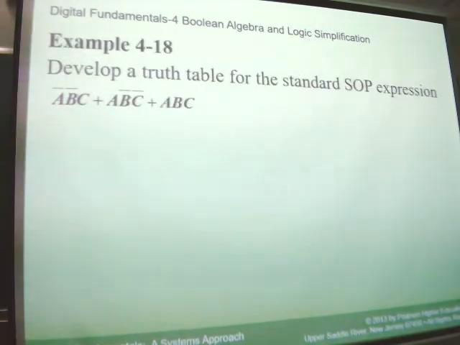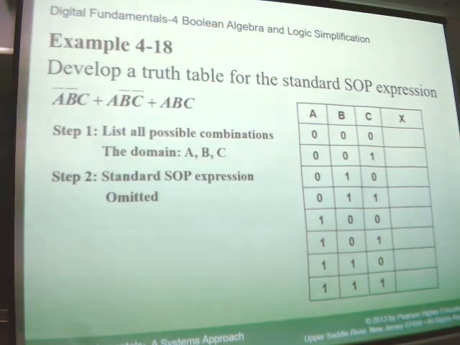For example, construct a truth table: 0, 0, 1, 1, 0, 0, 1, 1, 1. There are three variables.